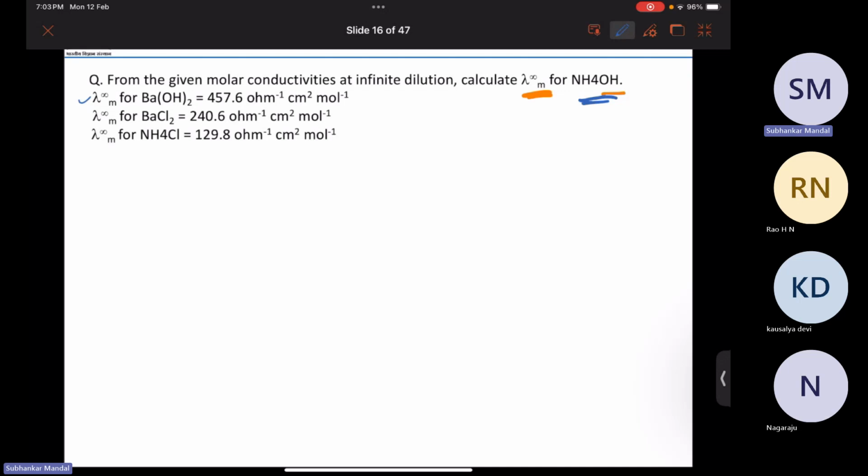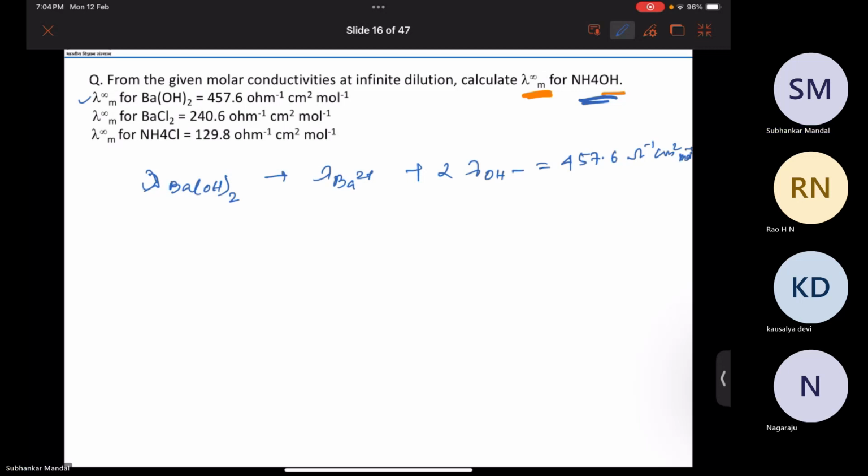If you write for the first one, barium hydroxide, what will it be? Lambda of barium plus 2 lambda of OH minus. It is given 457.6 ohm inverse centimeter square mole inverse.